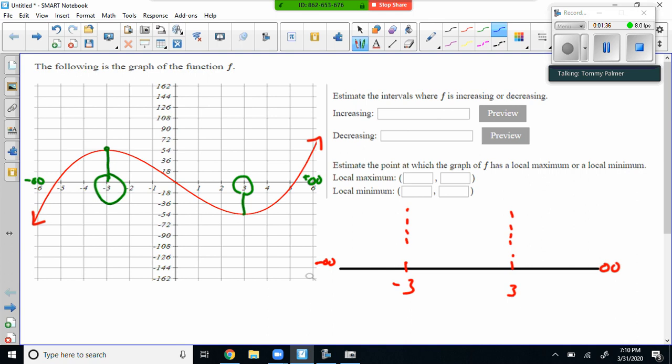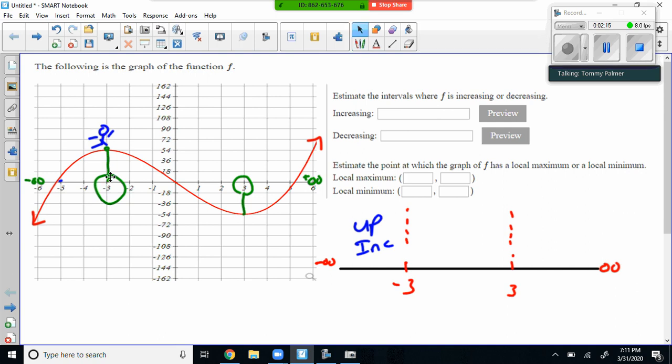So if you're looking from left to right as you're reading the graph, you picture a person. This person is walking up this graph to this point, right? And at this point, the x value is -3. So he walked uphill, or increasing, right, from negative infinity to -3.